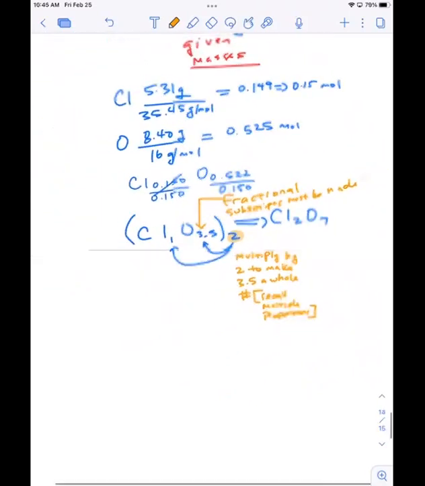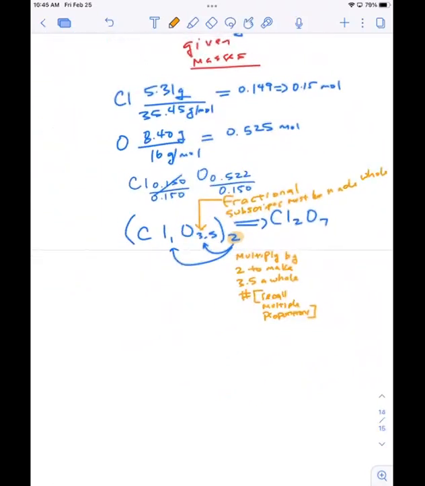You can't leave it like that. So we'll just multiply everything by 2.